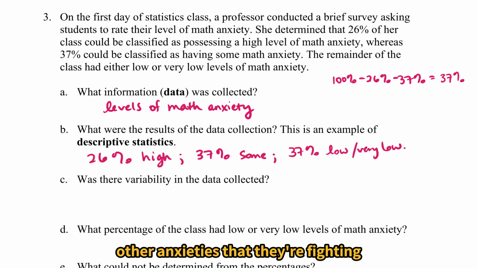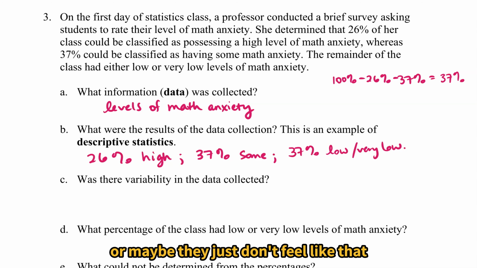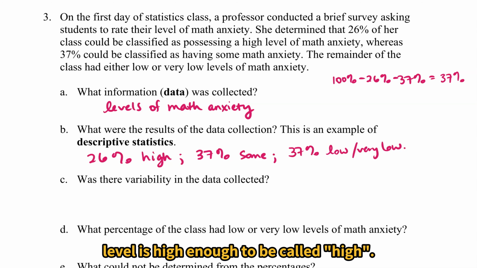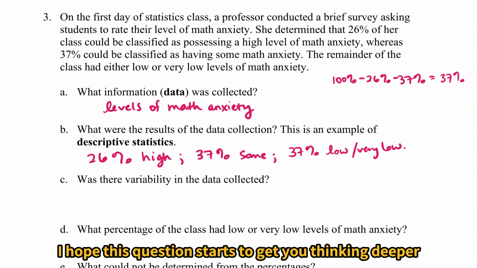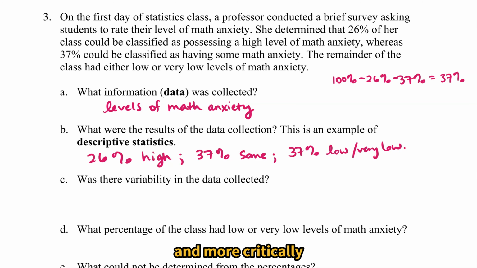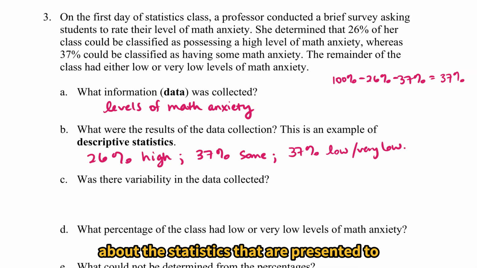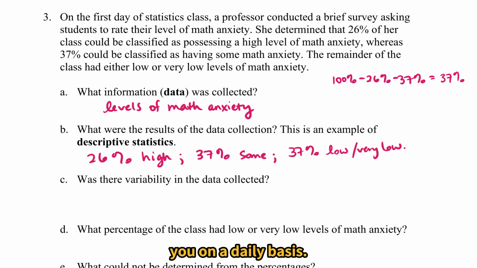Maybe they have other anxieties that they're fighting, or maybe they just don't feel like that level is high enough to be called high. I hope that makes sense. I hope this question starts to get you thinking deeper and more critically about the statistics that are presented to you on a daily basis.